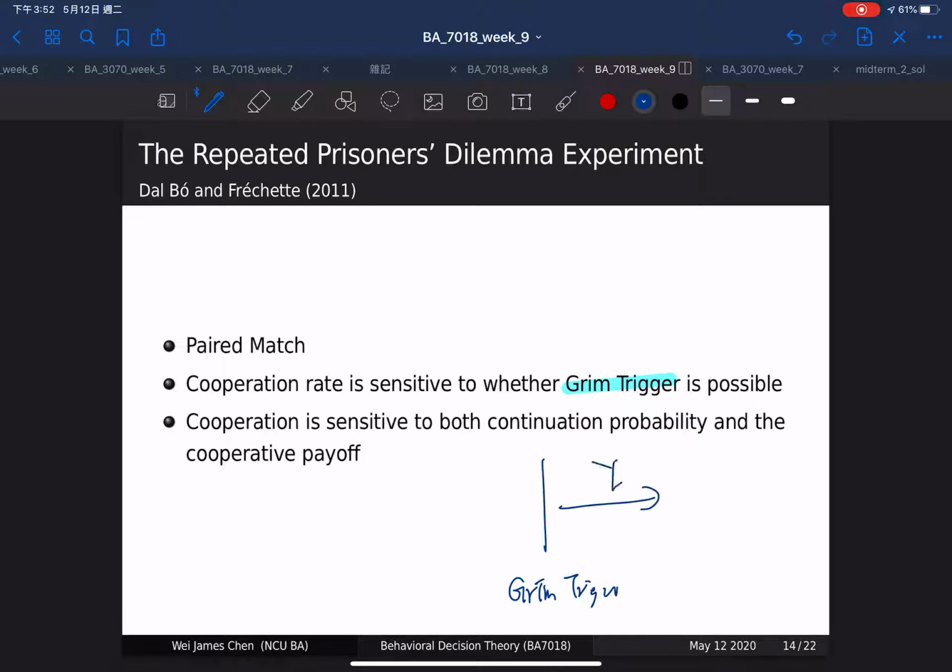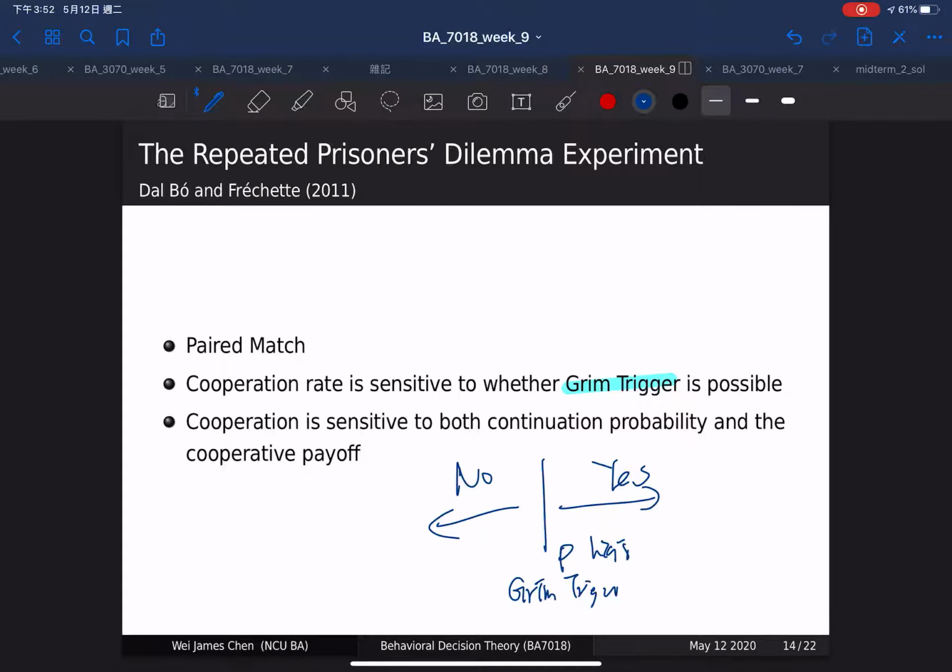If grim trigger is possible, the probability P or G is high enough, then the prediction is yes, we will have cooperation. And if the probability is too low, then the prediction is no, we won't have any cooperation.